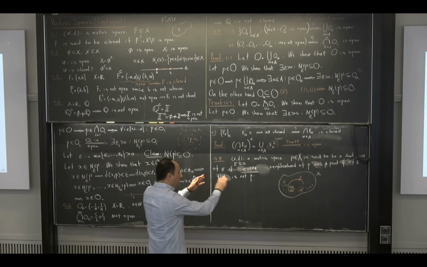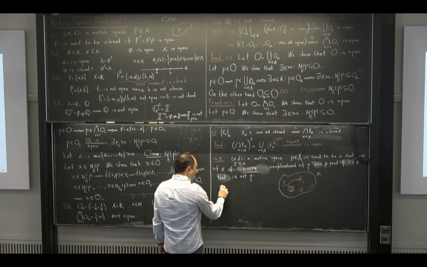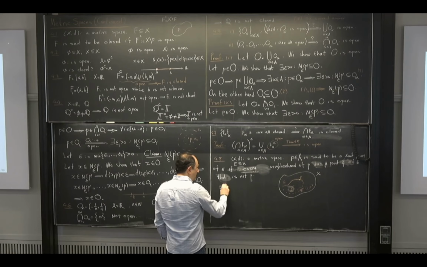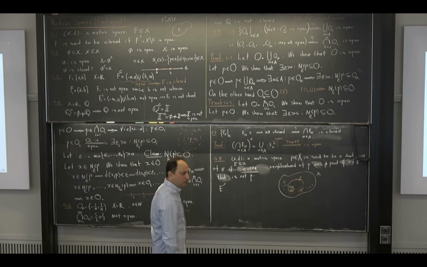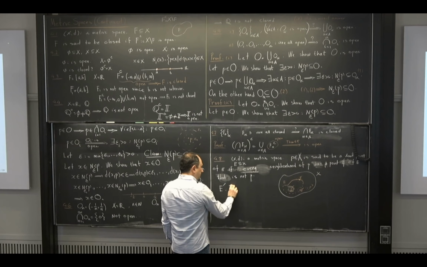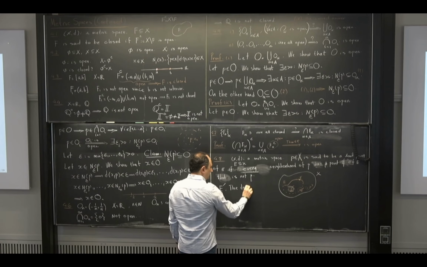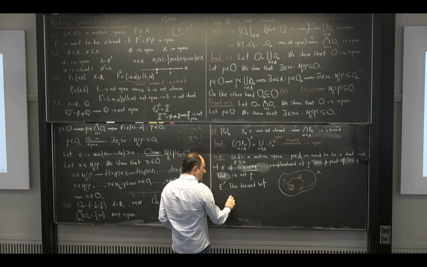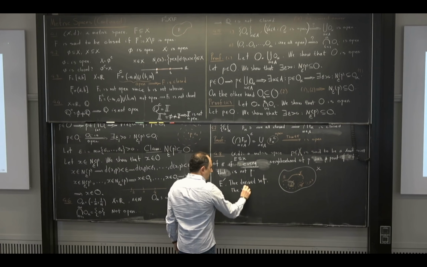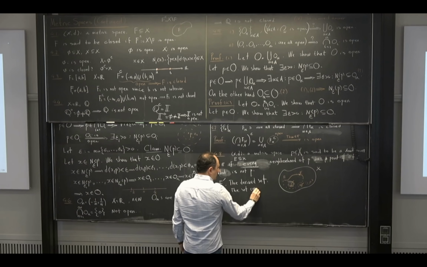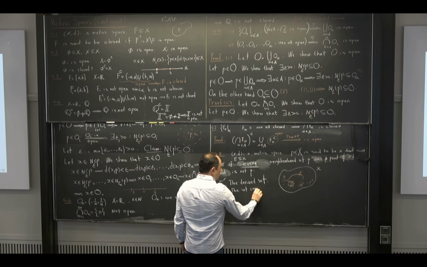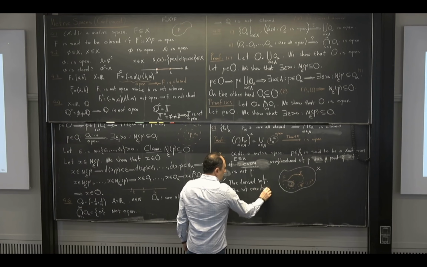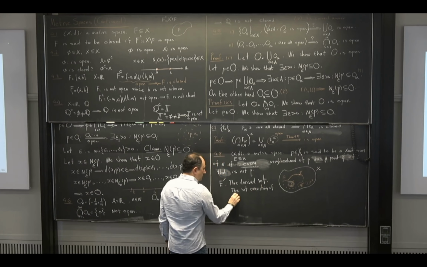Now, if I collect all limit points and put them in a set, that set is called the derived set. The derived set means the set consisting of all limit points.